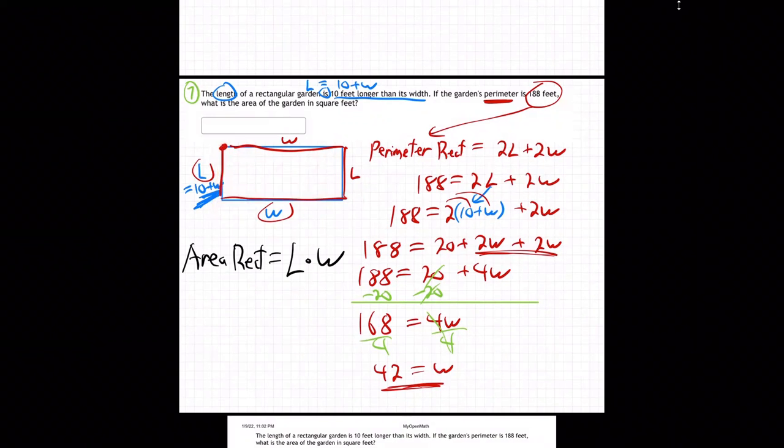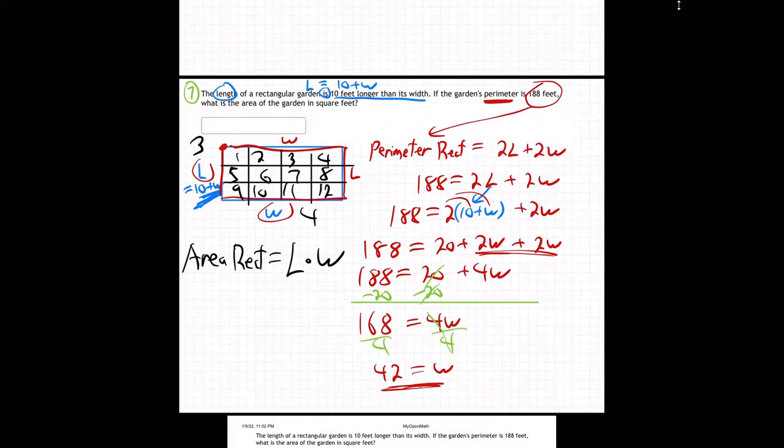So for example, let me do an example. What if this was like this, to make it simple? What if it was 3 squares, right? This is 1, 2, 3 squares tall. So what if the length was 3 and the width was 4 squares wide, 3 by 4. Then there'd be 1, 2, 3, 4, 5, 6, 7, 8, 9, 10, 11, 12 squares.